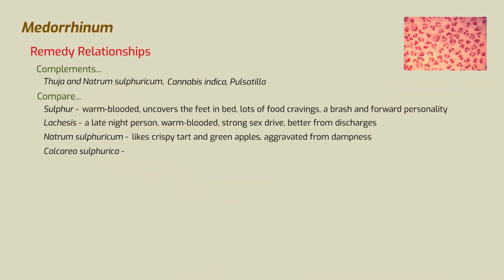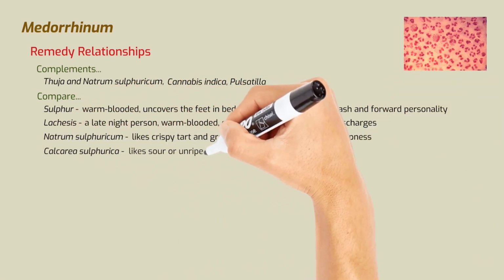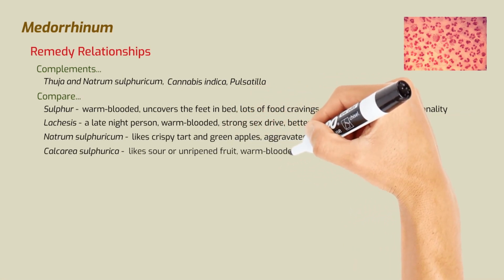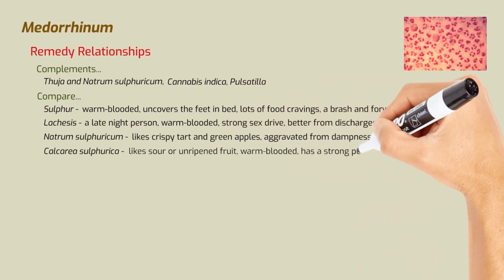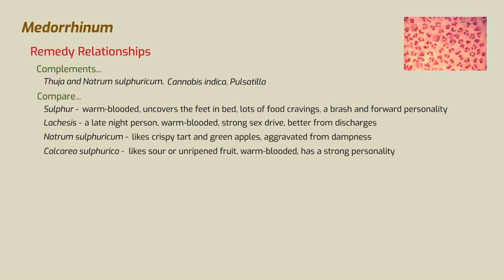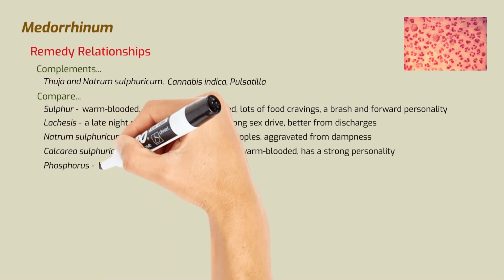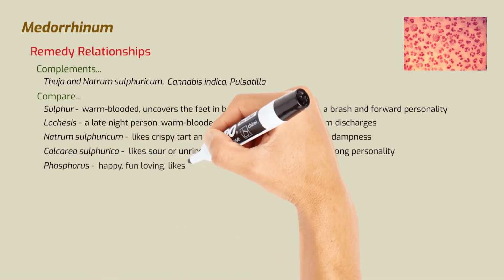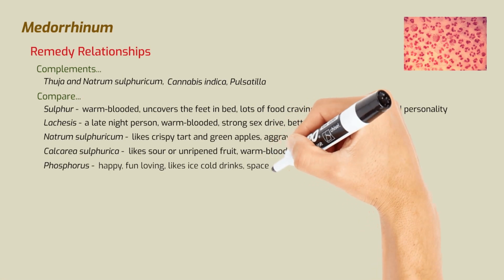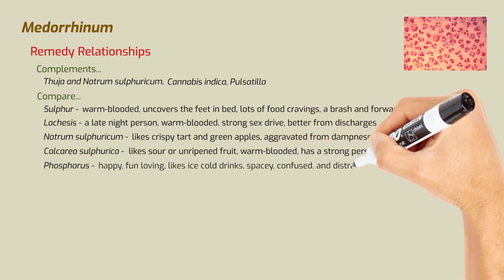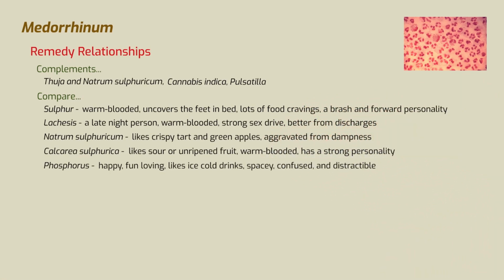Calc Sulf also likes sour or unripened fruit, is warm-blooded, and tends to have a strong personality. Phosphorus is happy, fun-loving, likes ice-cold drinks, and can be spacey, confused, and distractible.